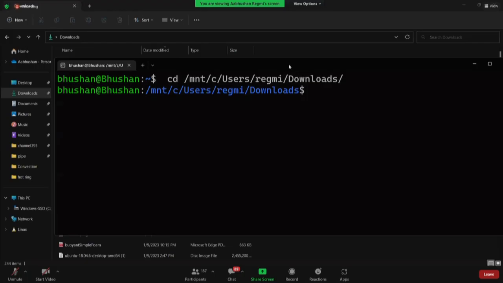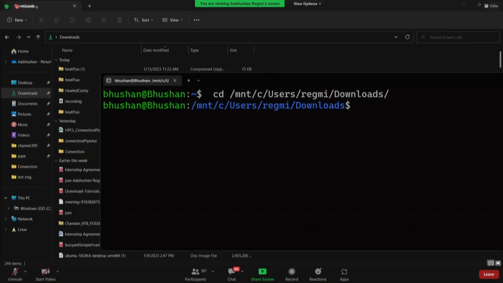I'm also using WSL only. This is just a terminal, this is not Ubuntu. You can see this is Windows, right? I think we are on the same boat here. This is why I was providing you this command, which I have pasted in the chat box. This command will direct you to your downloads directory.